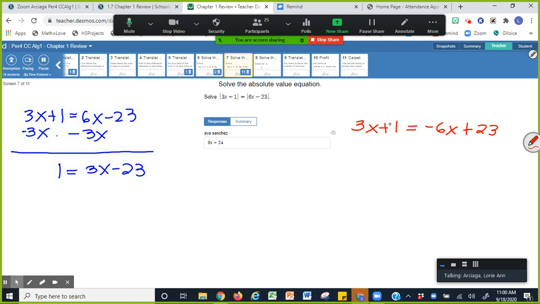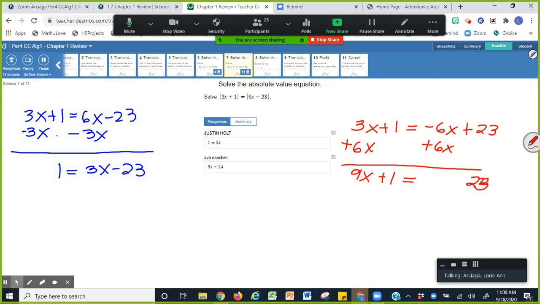So let's try this. We can add 6x here. And then you will have 9x plus 1. I can see where your 24 is coming from, Ava, but I don't think it's going to be 24, because you have to move the 1 over.